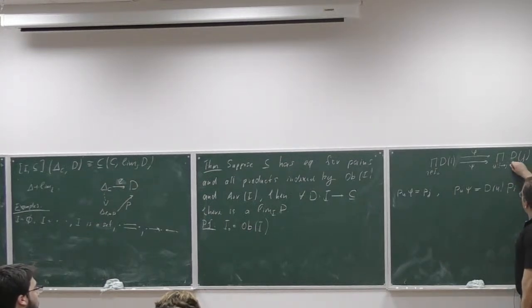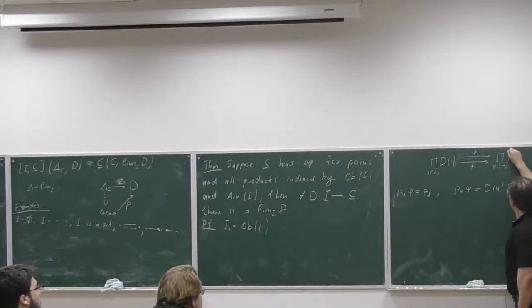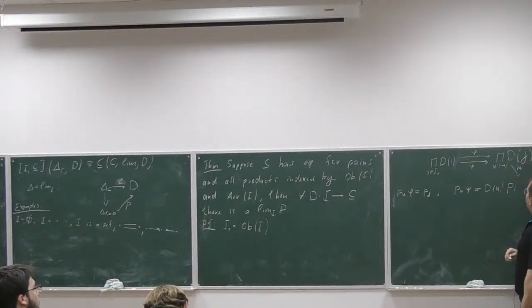Here we have canonical projections. Projections are p_u, but for any product we have canonical projections. D of j. Well, I want an object here, right?